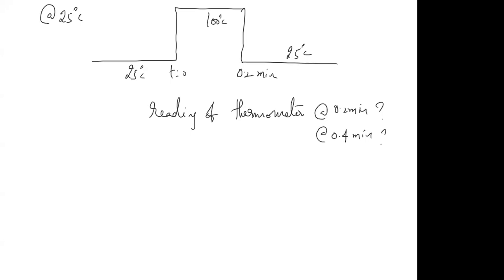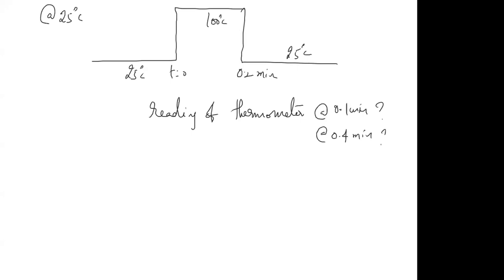A thermometer which is at steady state at 25 degrees centigrade is kept in a temperature bath at 100 degrees centigrade for 0.2 minutes and then it is returned to the original bath at 25 degrees centigrade. Calculate the readings of the thermometer at 0.1 minute and 0.4 minutes.